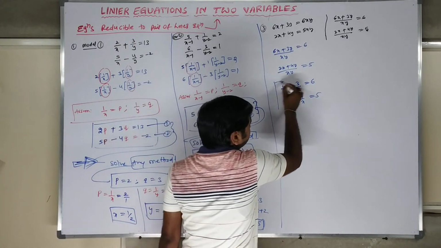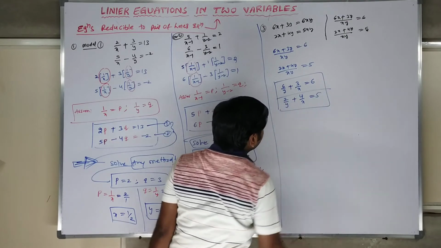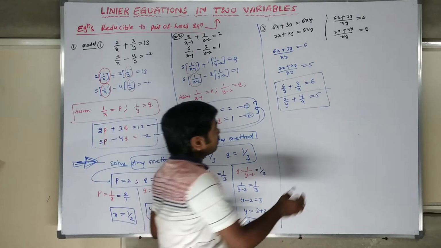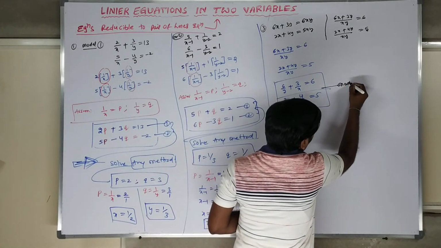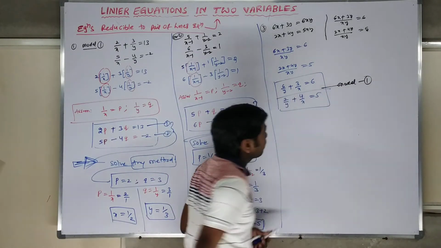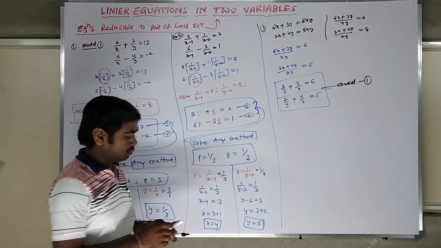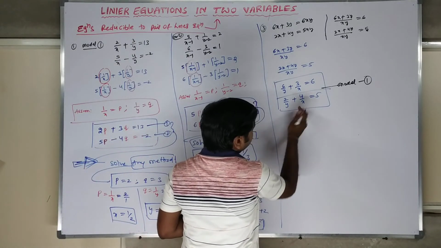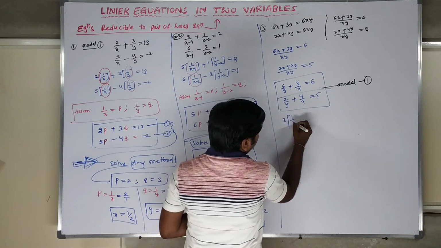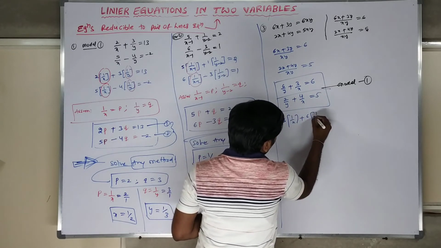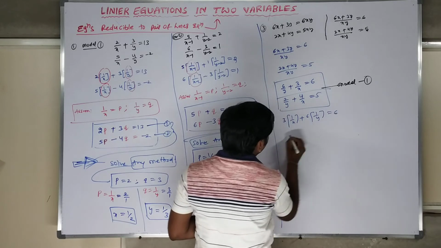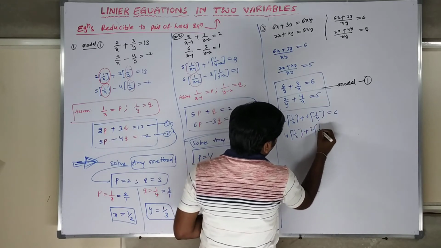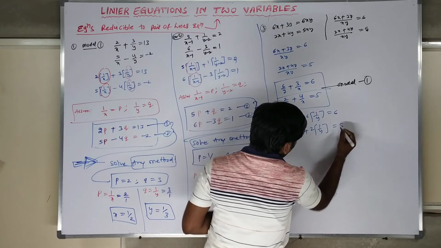Now these equations look like a model one approach. So the same thing you can do. What you have to do? Simple thing: the common portion you can write first, x. 3 into 1 by x plus 6 into 1 by y is equal to 6. 4 into 1 by x plus 2 into 1 by y is equal to 5.